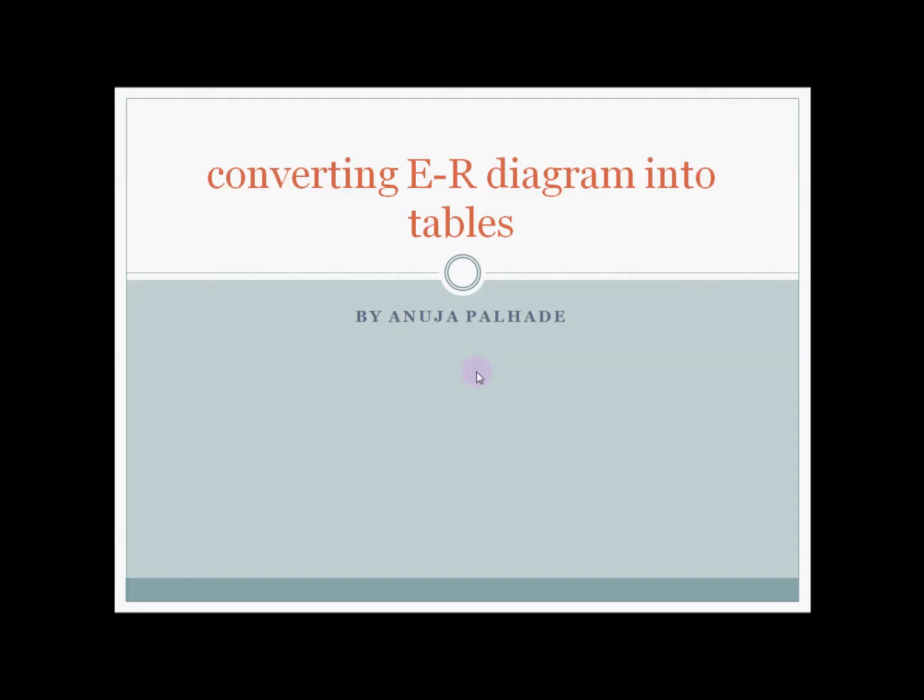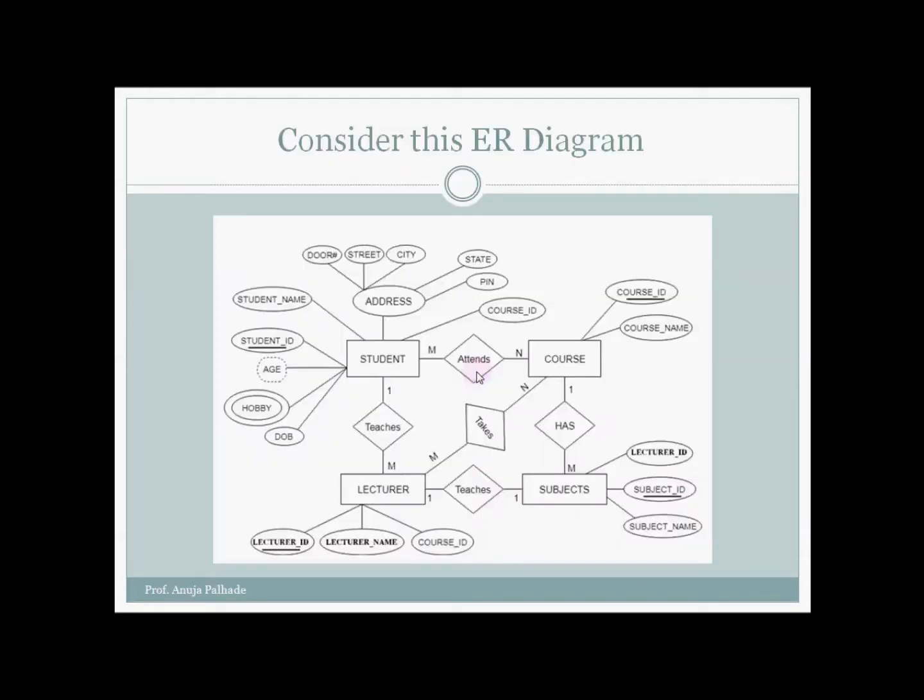So friends, once you have drawn the ER diagram, it is very simple to convert it into tables. There are simply some steps. Today in this video we are going to see what the steps are to convert an ER diagram. For example, we are going to consider this ER diagram. You can see here the student entity, courses entity, subject entity, and lecturer entity.